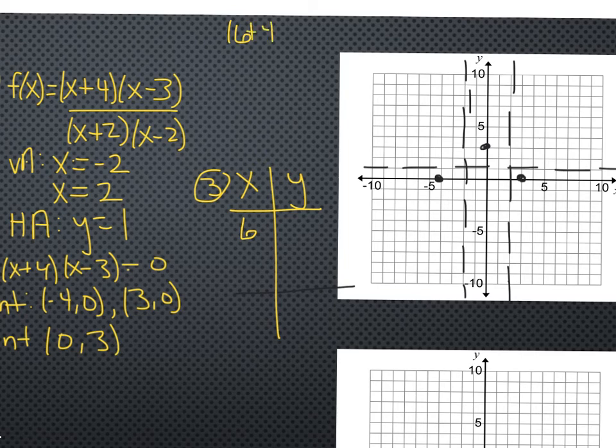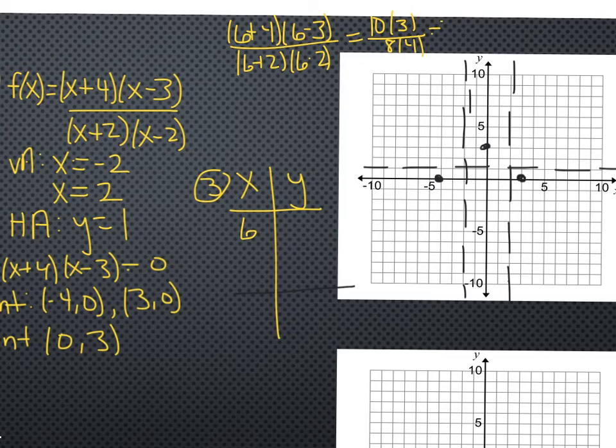When you plug 6 in, you can do it off to the side. 6 plus 4 times 6 minus 3 over 6 plus 2 times 6 minus 2, which equals 10 times 3 divided by 8 times 4.